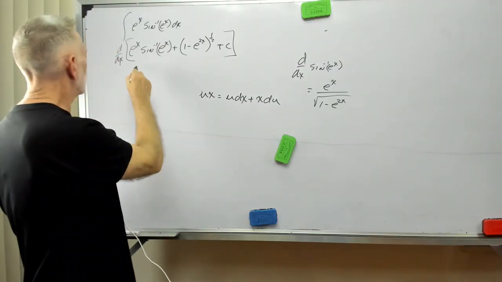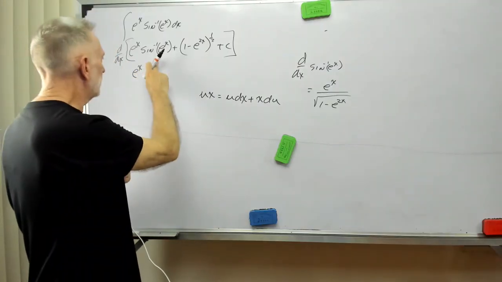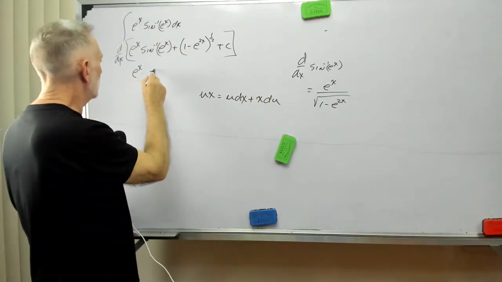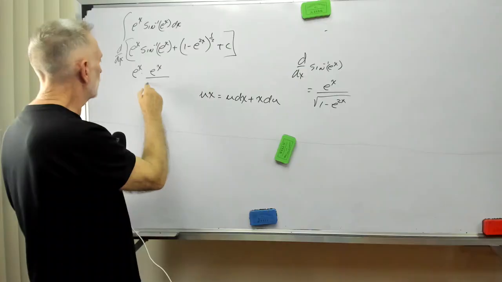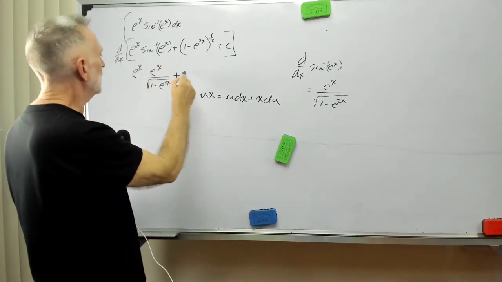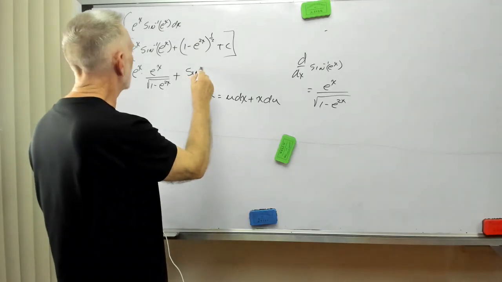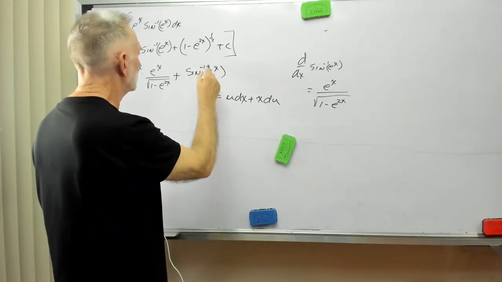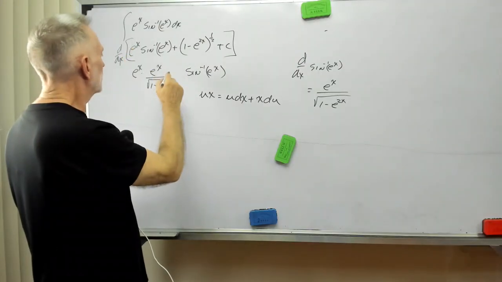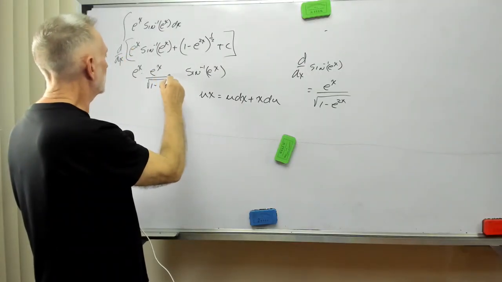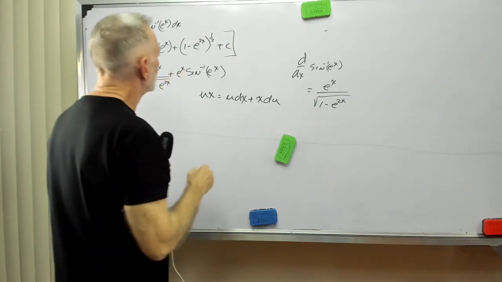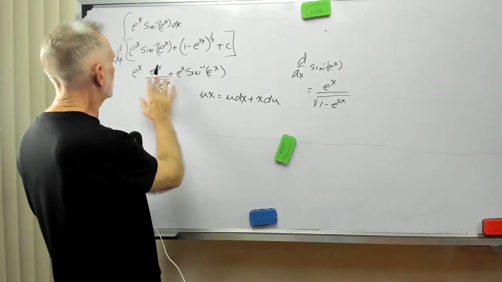I have the first one, e to the x, times the derivative of the second one, e to the x over the square root of 1 minus e to the 2x, plus the second one, sine inverse e to the x, times the derivative of the first one, which is e to the x dx. So that takes care of my first term.